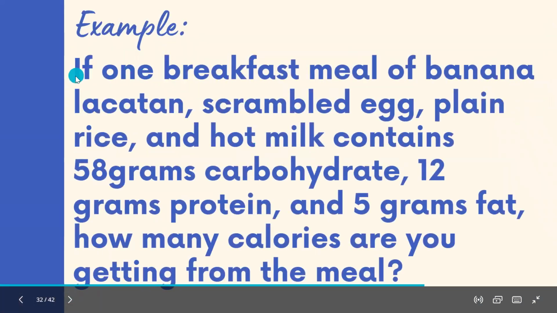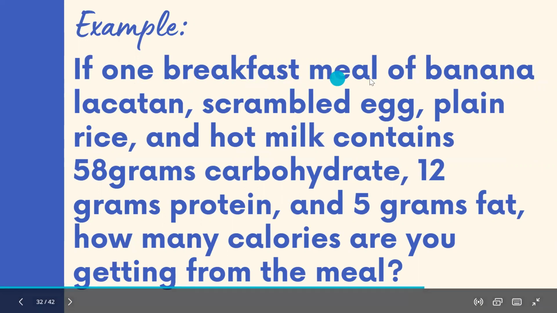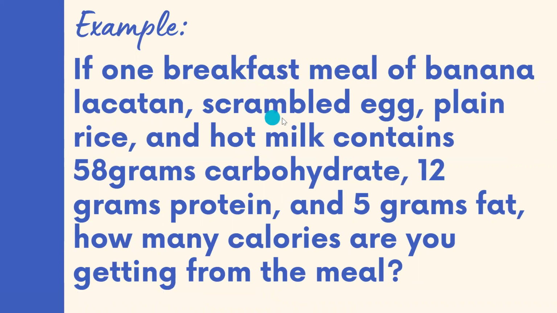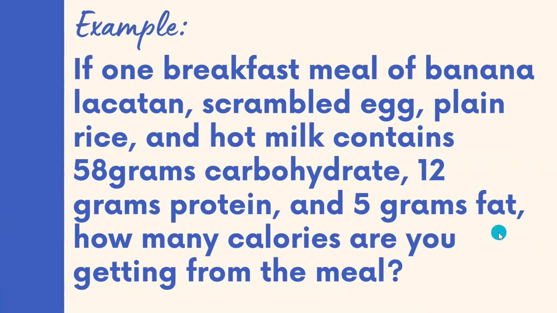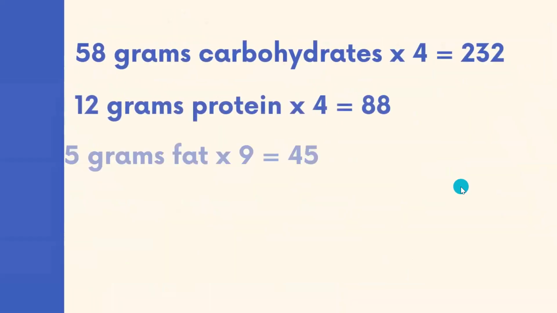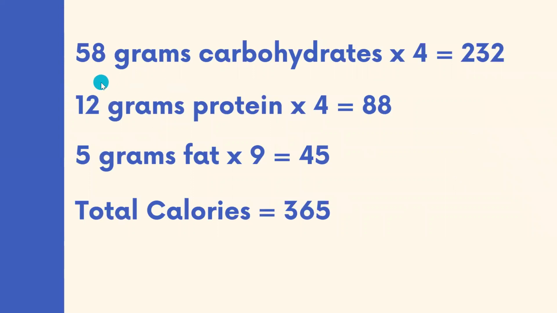Another example: if one breakfast meal of banana, lakatan, scrambled egg, plain rice, and hot milk contains 58 grams carbohydrate, 12 grams protein, and 5 grams fat, how many calories are you getting from the meal? 58 grams carbohydrates times 4.